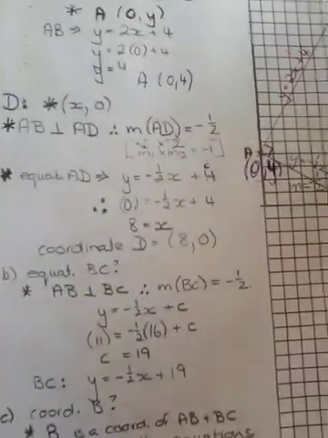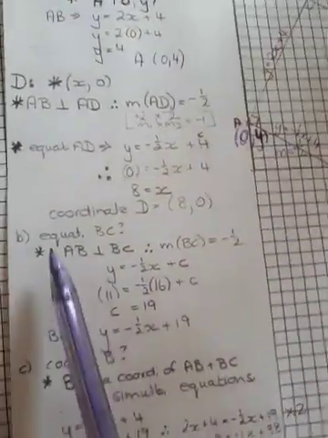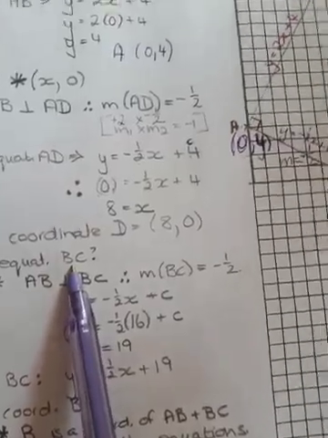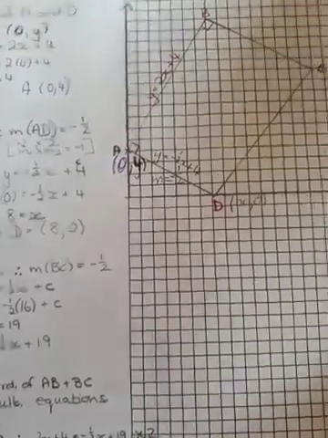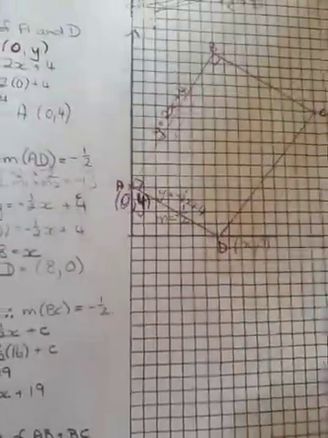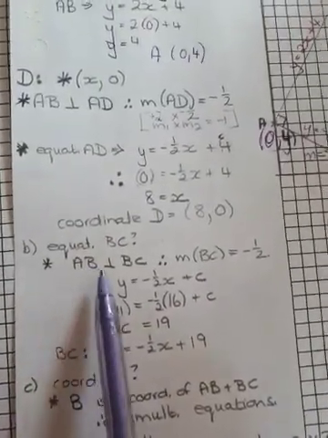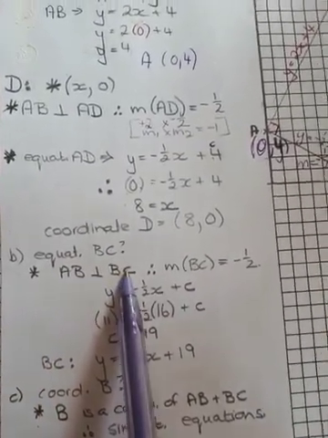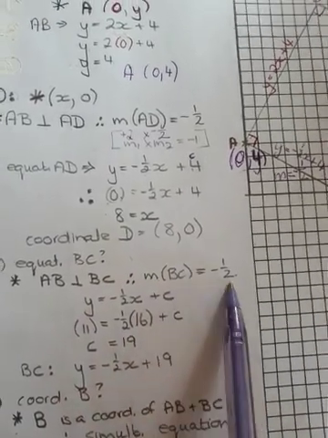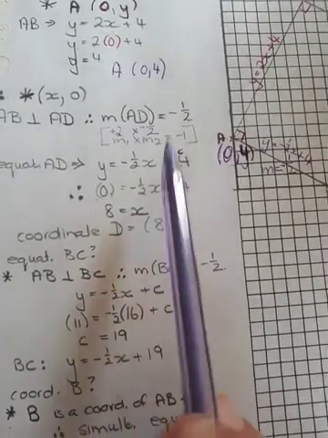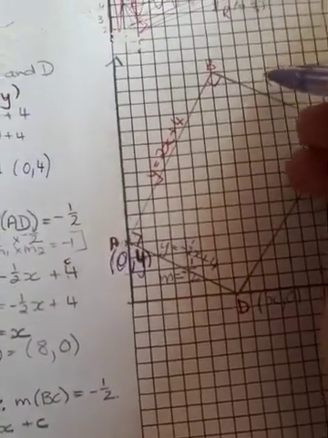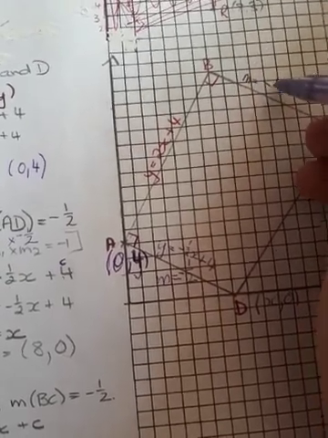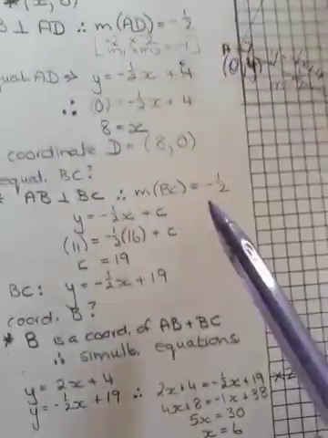If we look at the next question, they are asking you the equation of line BC. Number one, what you must realize is that because AB is perpendicular to BC, the gradient for BC is also negative 1/2. It is the same as above.